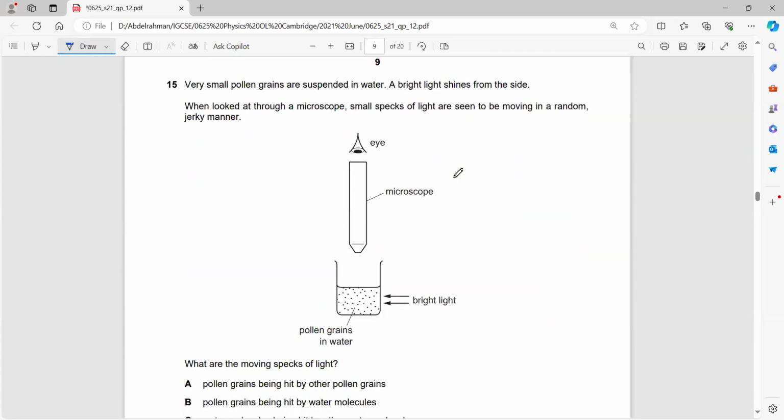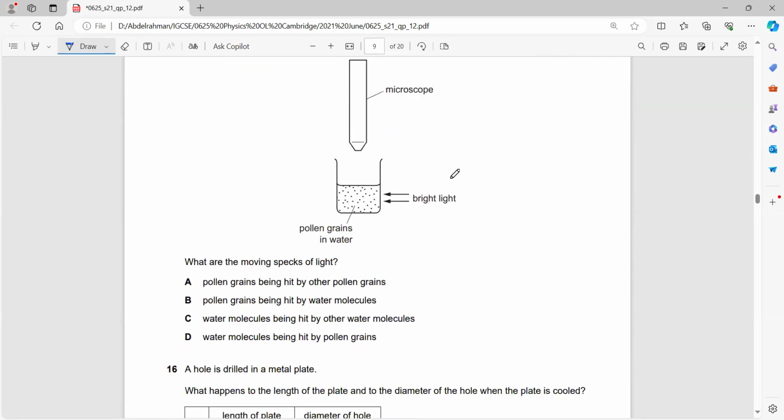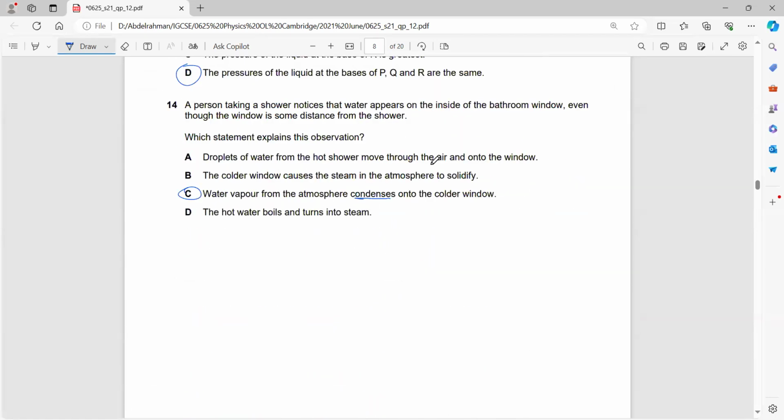This is the Brownian motion. What are the moving specks of light? Very carefully, you need to read all of the answers. Someone's asking about the previous question: why is it not A?